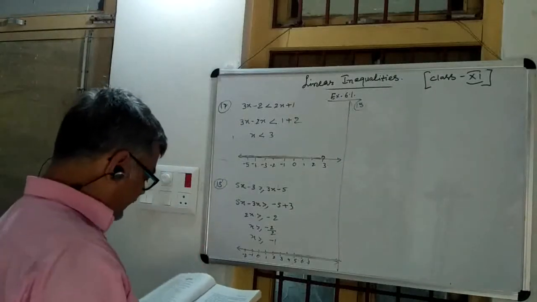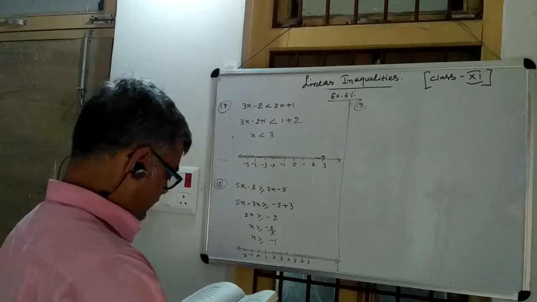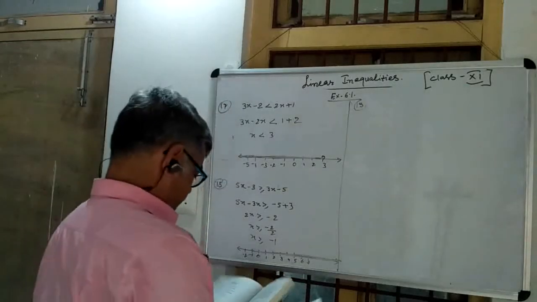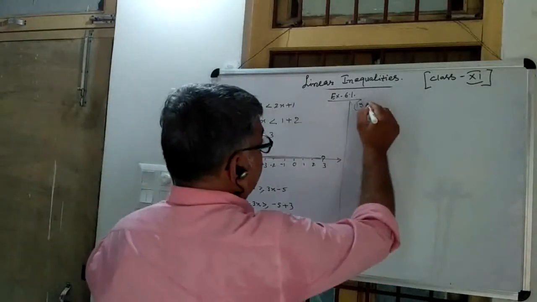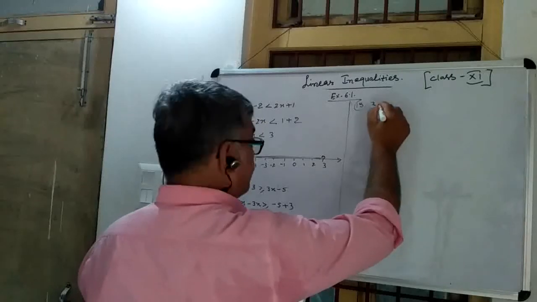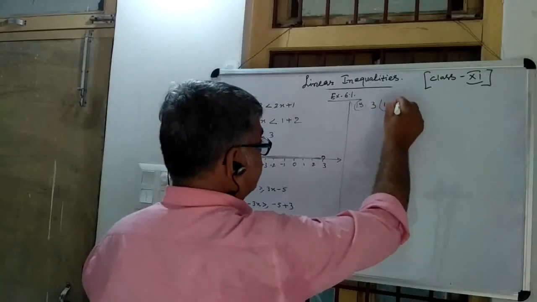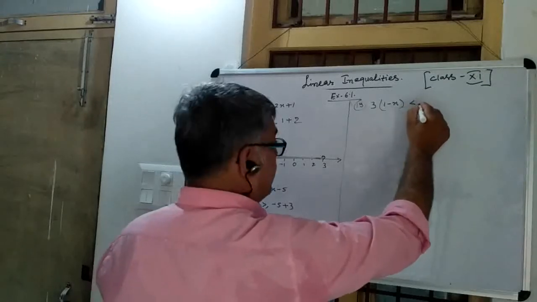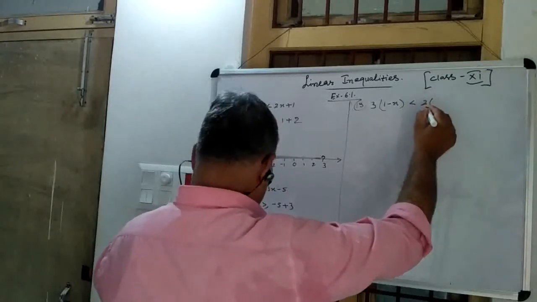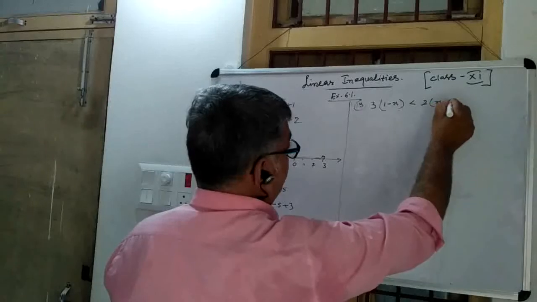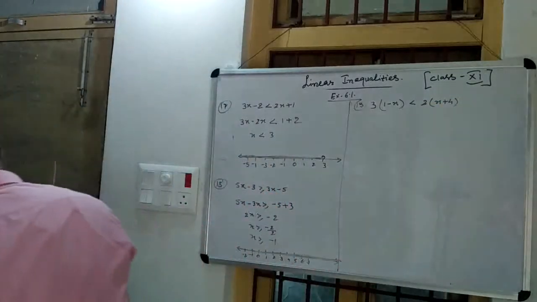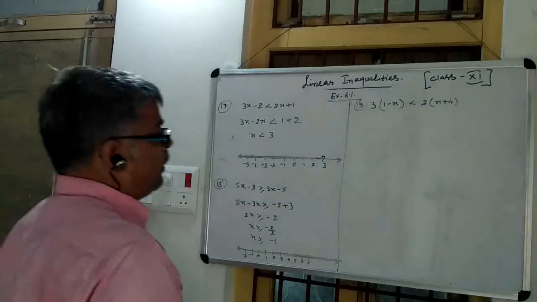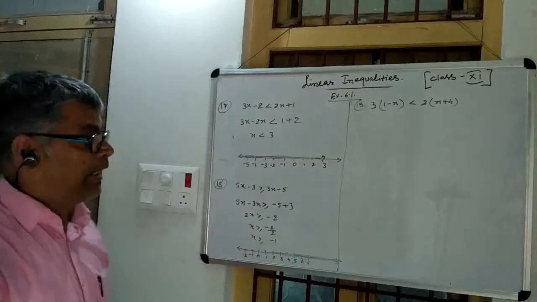Question number 19 is 3 into 1 minus x is less than or equal to 2 into x plus 4. Now this solution is also to be represented graphically on the number line.